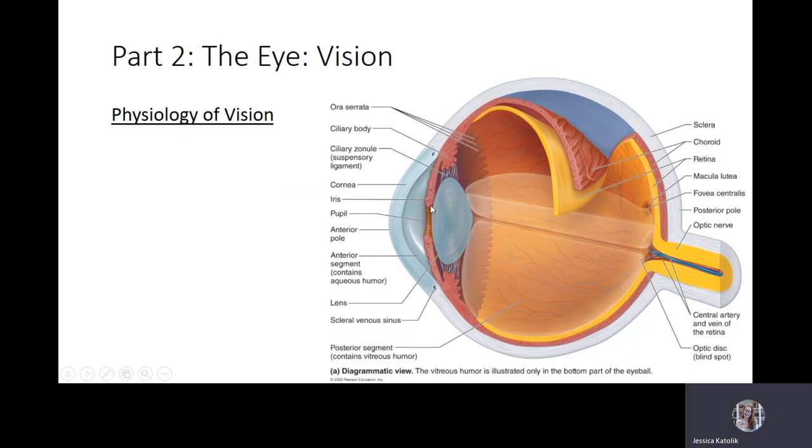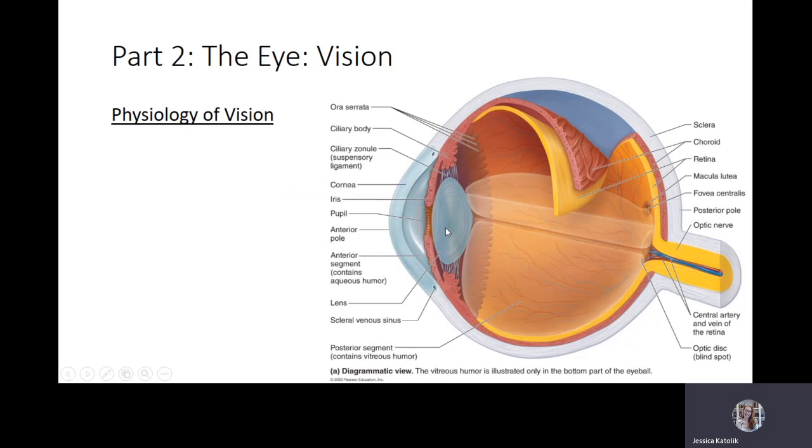The iris will control how much light will enter the eye, and the iris can dilate and contract to control that light. It also can help make sure that parallel rays of light are entering the eye, especially when we are looking at a nearby object.